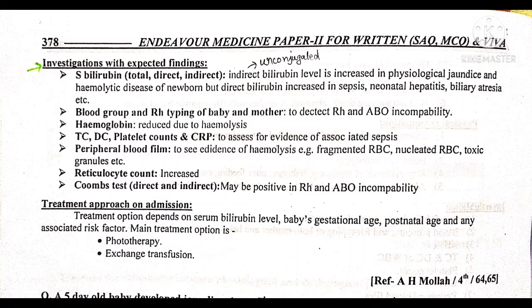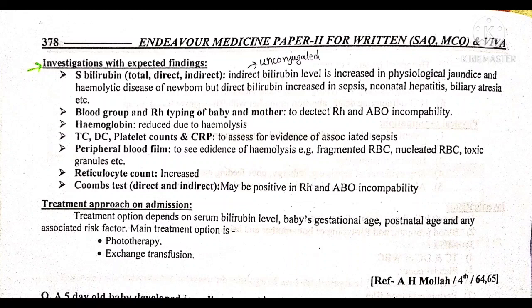Then hemoglobin level is to be checked. It is reduced due to hemolysis. Total count and differential count of white blood cell, platelet count and CRP level is checked to assess the evidence of associated sepsis.